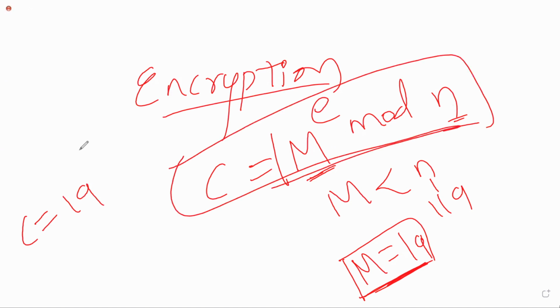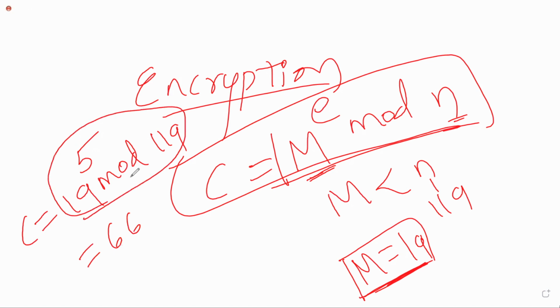C is equal to 19 power e, that is 5, mod n. N is 119. So c is equal to 19 power 5 mod 119. By simplifying this, we get c is equal to 66. So this 66 is the ciphertext.